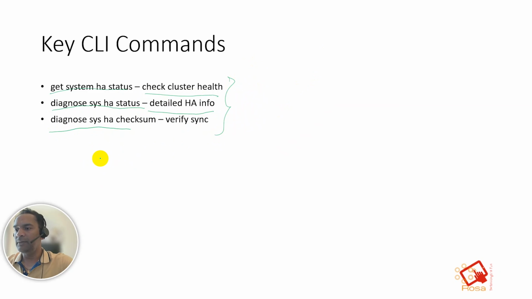Apart from this, we have some more commands. A good command is diag sys ha history read. Diag sys ha history read gives a history of all the flaps of interfaces or any changes, any movement from active to secondary, primary to secondary, or any monitoring interfaces going down.